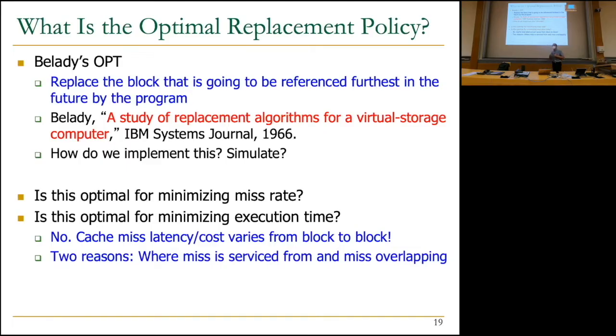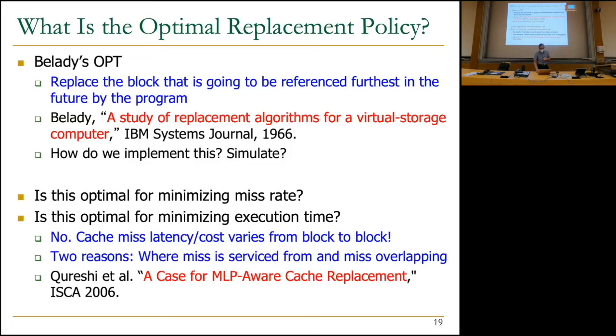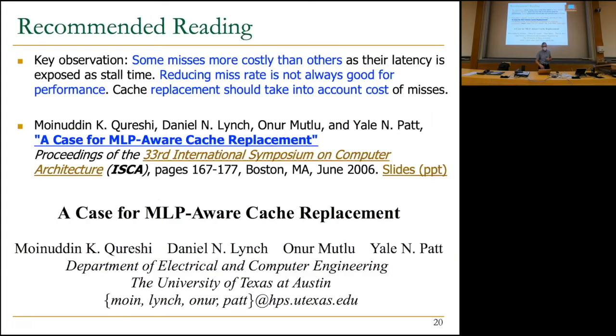Performance analysis is relatively complex. You cannot just say, oh, my cache hit rate is, let's say, 99%, and it's great. It depends on what the 99% is hitting in the cache. Okay, so we're going to talk about this. This paper that we wrote a long time ago talks about some misses being costlier than others, as their latency is exposed as stall time to the processor, but for some other misses, their latencies are not exposed to the processor.